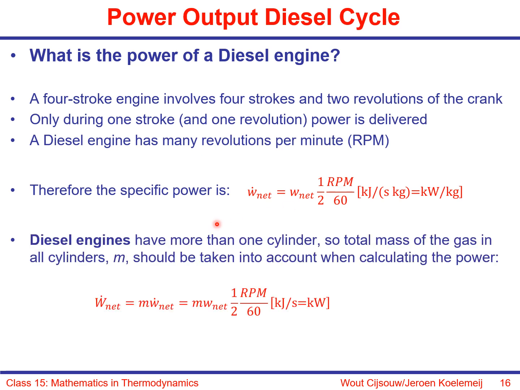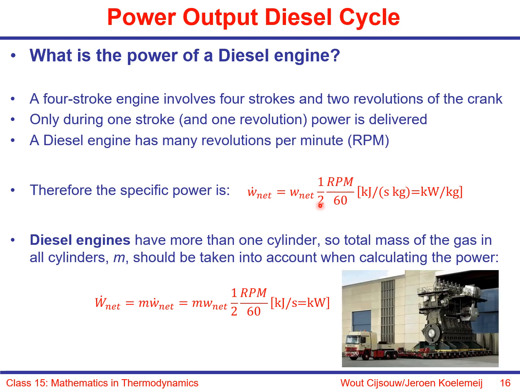So we get the specific power, but diesel engines typically have more than one cylinder. So we have to multiply this with the total mass that's going through these cylinders, and then you should not forget to multiply it also with the total number of cylinders, which could be 14 in the case of this gigantic Wärtsilä engine.